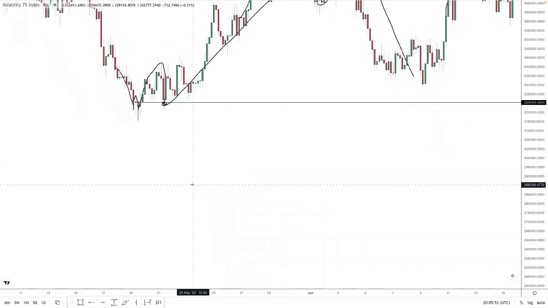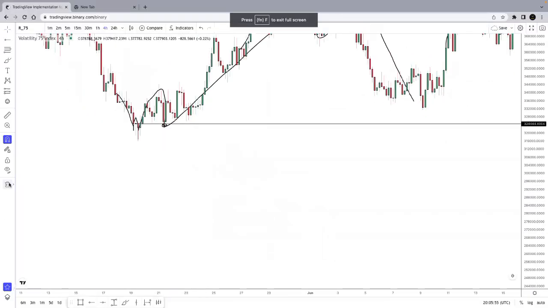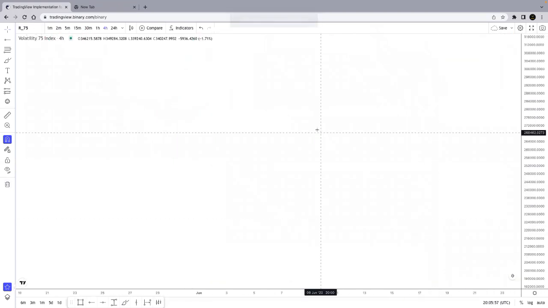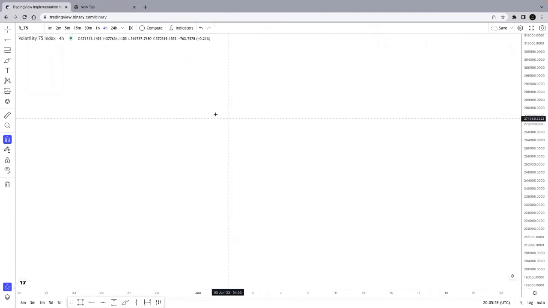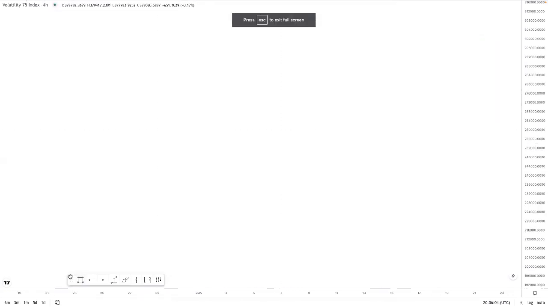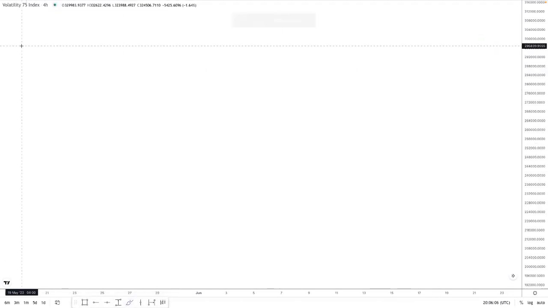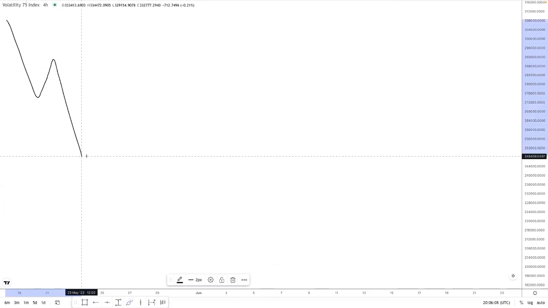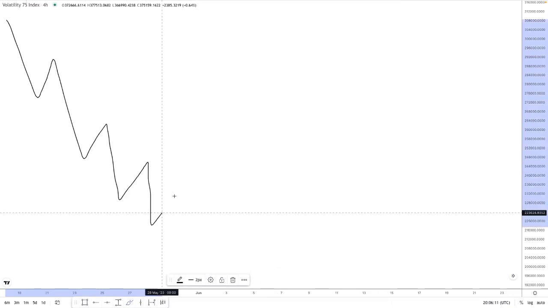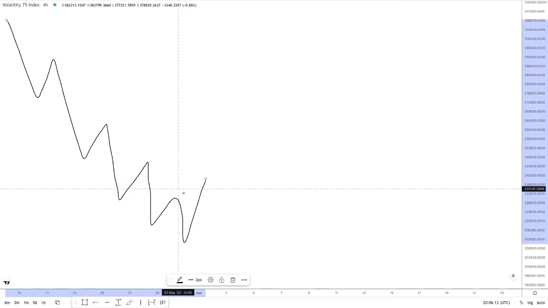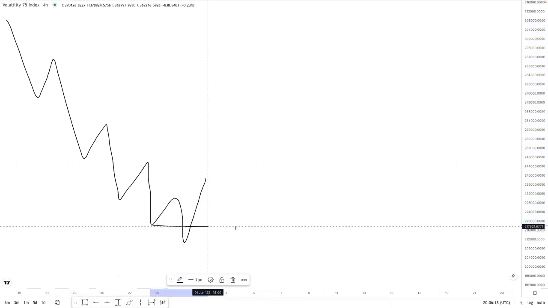Let's look at another structure. Another structure we are going to learn today is called the new invalidation. On the new invalidation, price could be making lows, and at this time price could break structure, and after breaking structure, we will be expecting price to respect our invalidation right here, but this time it could be a little bit different.